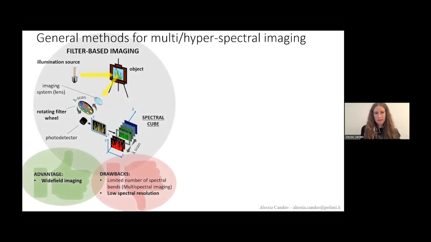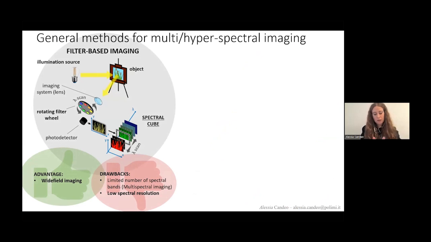In general, let's say that there is a very basic way to obtain a spectral image or a hyperspectral image. We just illuminate our object of interest, we image it with an imaging system, and then we send the retrieved image to a wheel with filters, so a rotating filter wheel, for example.